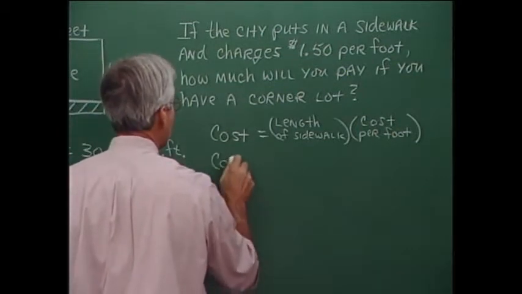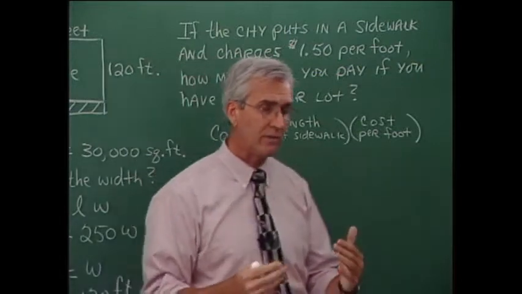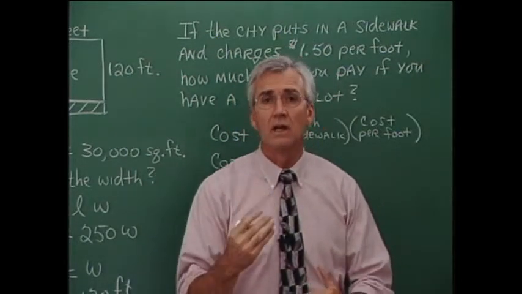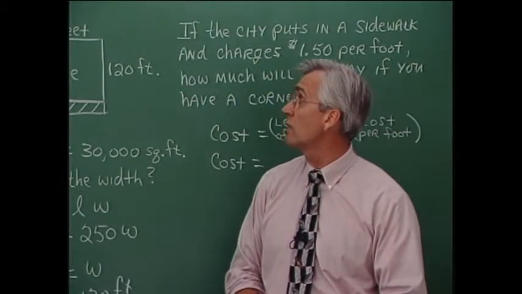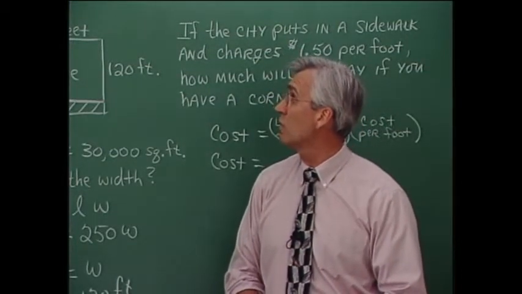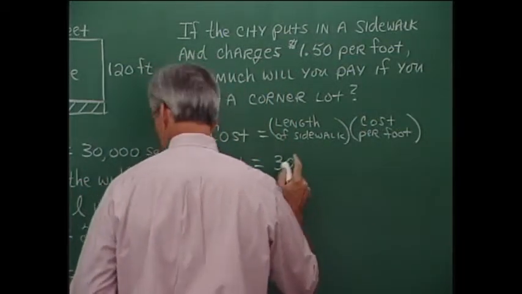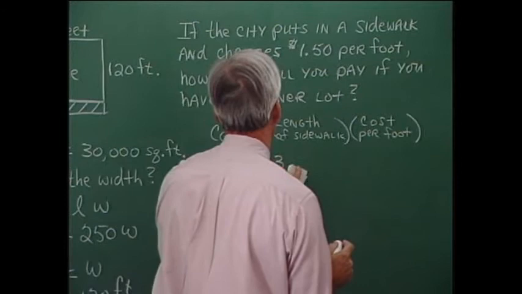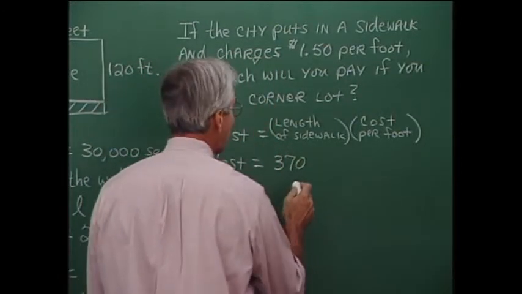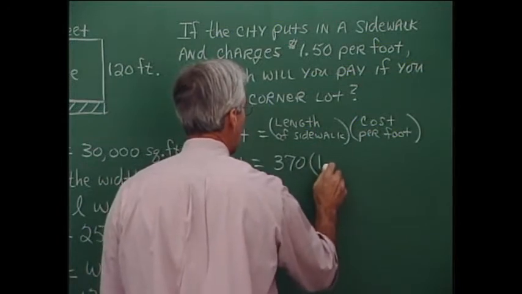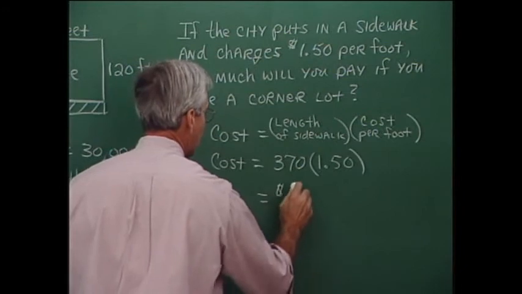Okay, so that cost then is, well, the length of the sidewalk, we're on a corner lot, so we have to add the length and the width together of our lot. I'm looking over here, 250 feet for the length, 120 for the width, 250 plus 120, that's 370, so we have 370 feet of property on which the sidewalk is to be attached, and the cost per foot is $1.50. Multiplying, we find that cost to be $500.